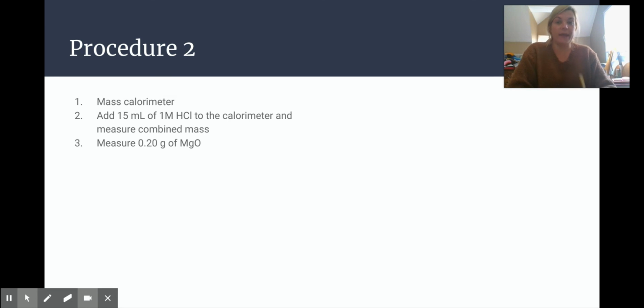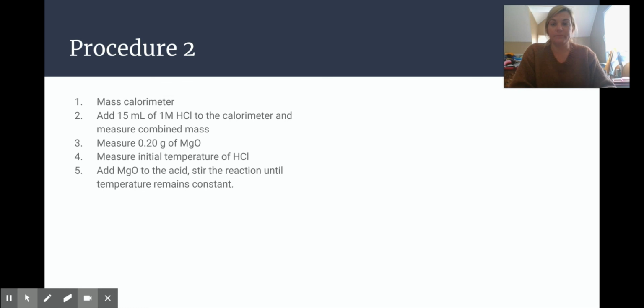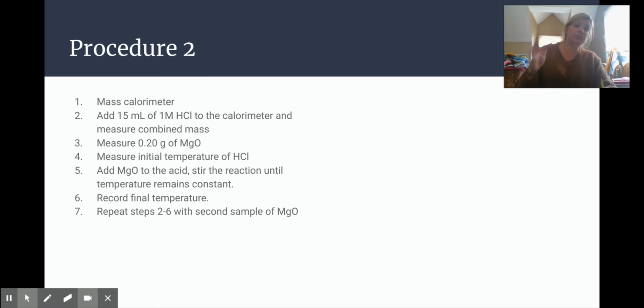We are going to weigh out around 0.20 grams of magnesium oxide. Again, measure initial temperature, add and stir until temperature remains constant, and record final temperature. And then we're going to do the same thing again, so we're doing 2 trials for each procedure.